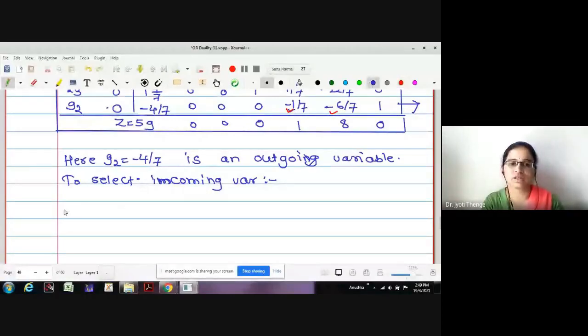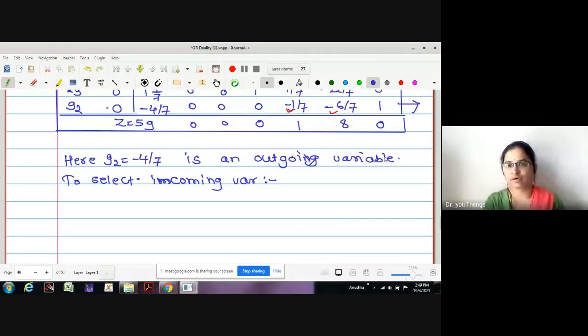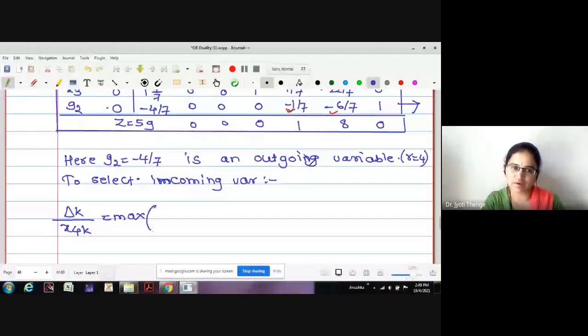R is equal to 4. The fourth variable is in the basis. So delta K upon X4K. The formula is maximum of delta J upon X4J provided X4J is less than 0. Only two entries are negative.